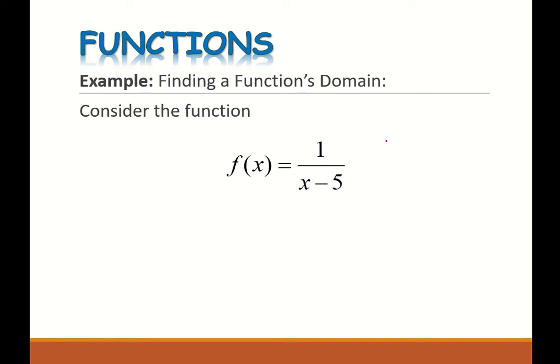Since this is fractional, we need to equate the denominator to 0. So we have x minus 5 equals 0.